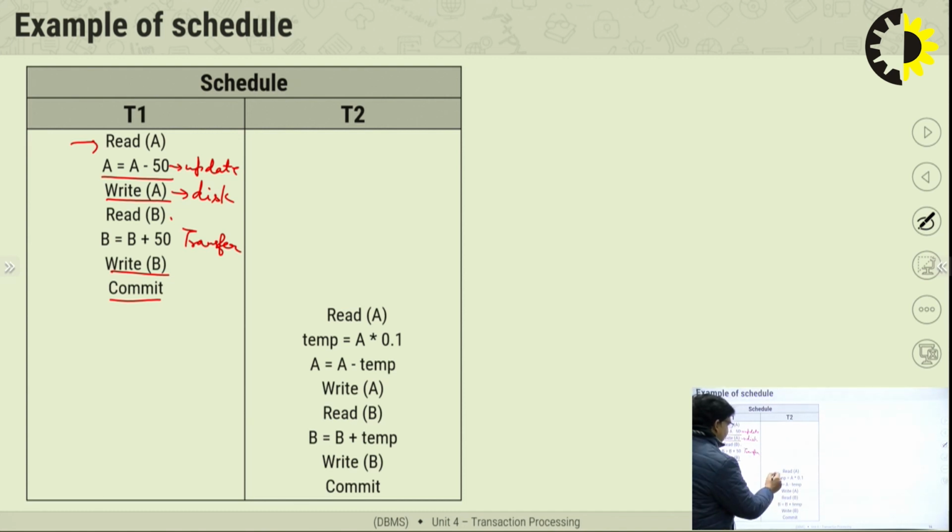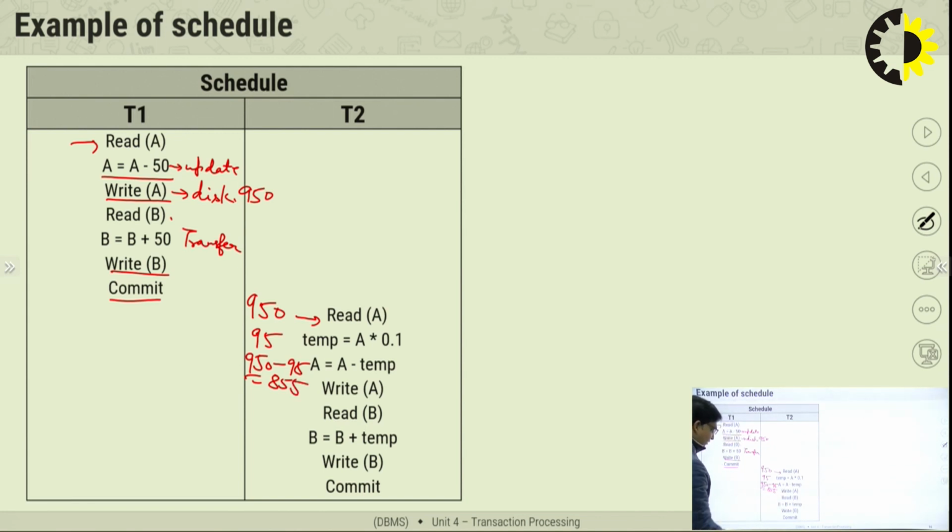Now, it will be reading a value that is being written here. Suppose the value is 950 here, then it will be reading 950. Thereafter, it will compute the temp value, that is 95. Then, in the next step, A equal to A minus temp, then the value of A equal to 950 minus 95, that is 855.